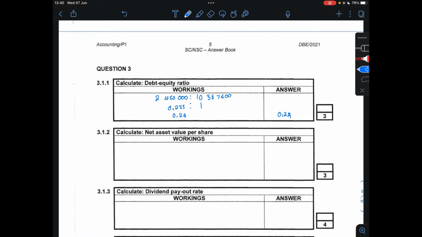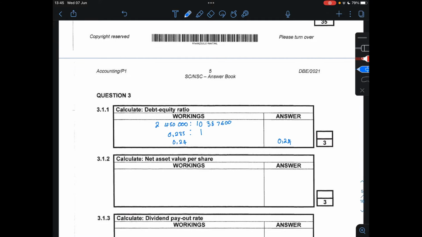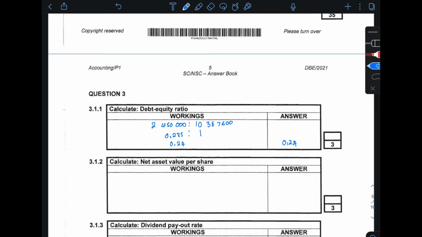0.24. All right. And then moving on to the next question, what we have here is calculate your net asset value per share. Remember that your net asset value per share is your shareholders' equity over the number of shares in issue.